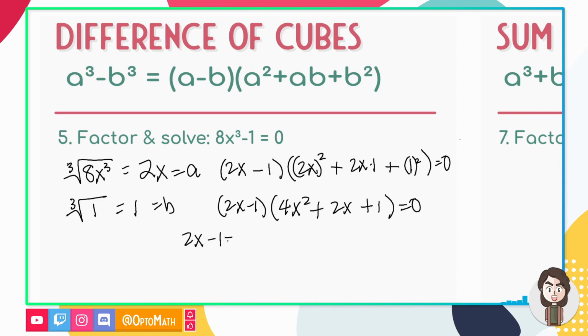So 2x minus 1 equals 0, and then 4x squared plus 2x plus 1 equals 0. We add 1 to both sides and divide by 2, we get 1/2. And this is a quadratic. We could check to see if there are factors of 4 that add to 2, which there are not. So we'll have to use the quadratic formula to finish out solving this.